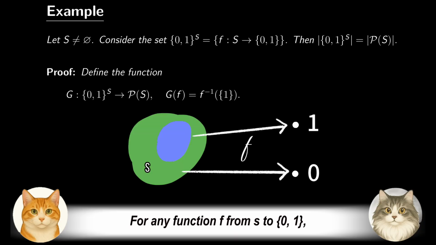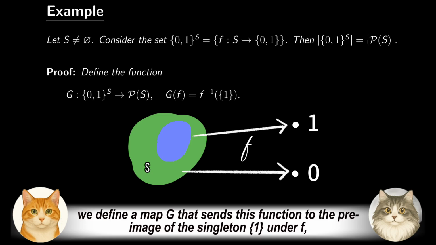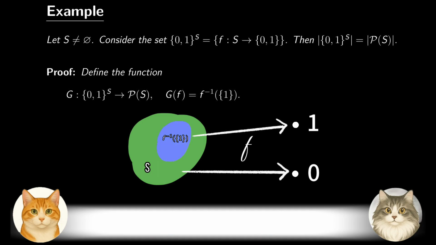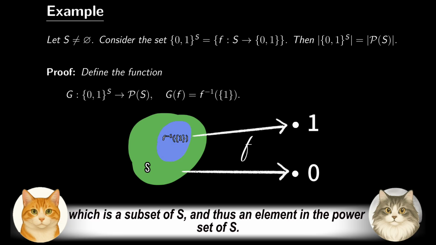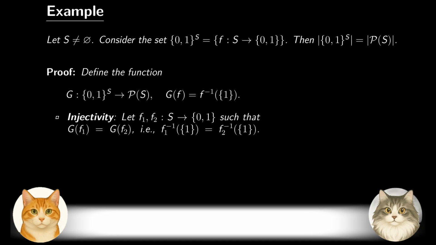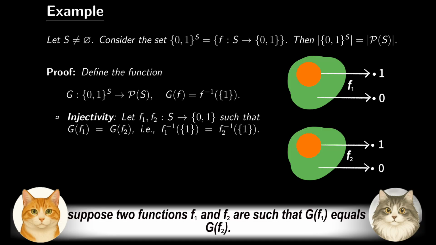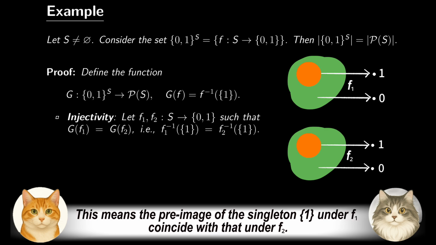For any function f from S to {0, 1}, we define a map G that sends this function to the preimage of the singleton {1} under f, which is a subset of S, and thus an element in the power set of S. For injectivity, suppose two functions f1 and f2 are such that G(f1) equals G(f2). This means the preimage of the singleton {1} under f1 coincides with that under f2.